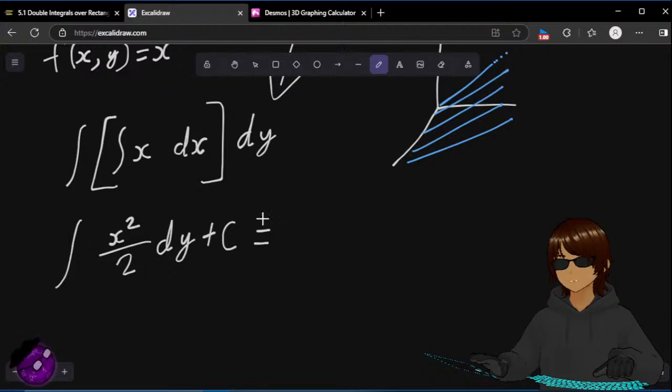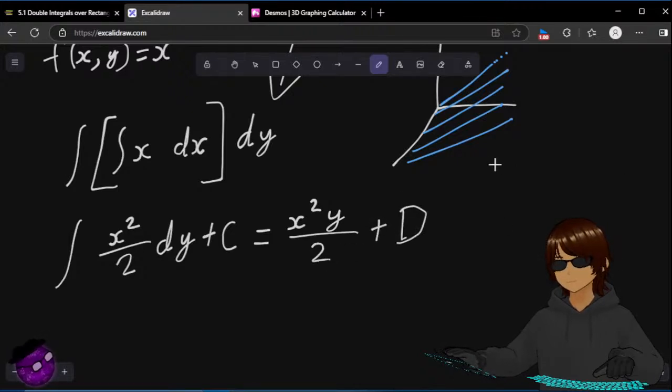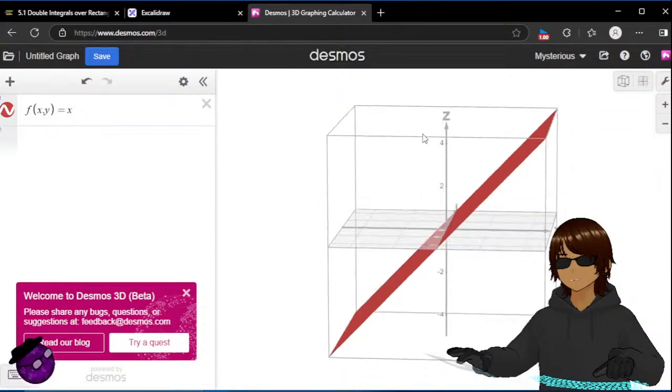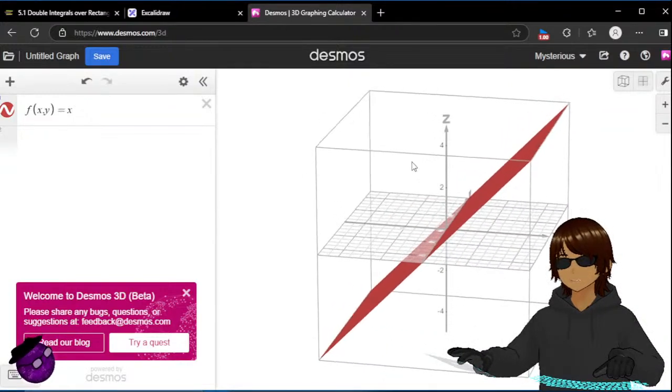And then with respect to y, we get x squared y over 2 plus t. Because it's plus another constant, like let's say c1, and then from this integral we get c2, and then we add them to get d. So x squared y, does that make sense?